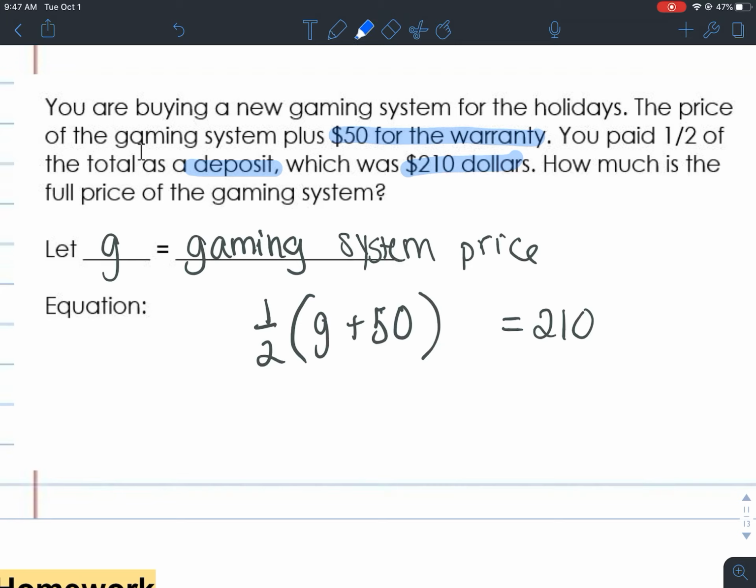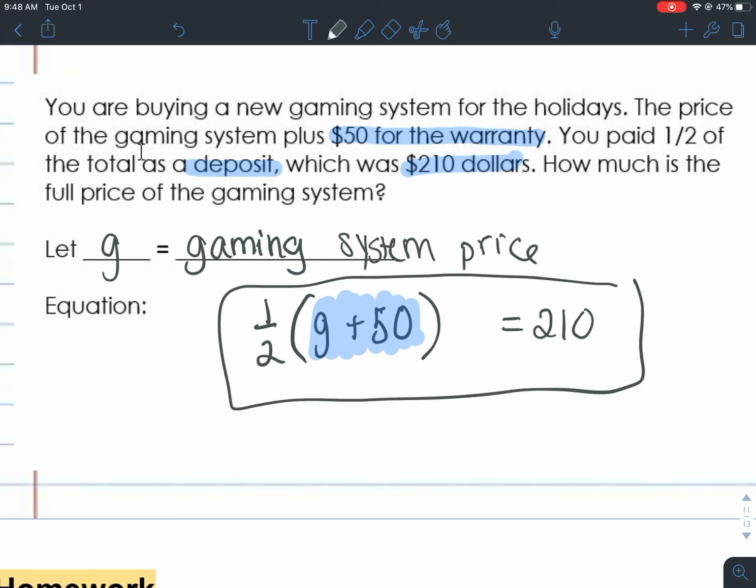So half of this inside here represents the total amount for everything. And the 210, a lot of you when solving this would just multiply 210 by 2 and get 420. But if you're setting it up, this is the true representation of this type of problem.